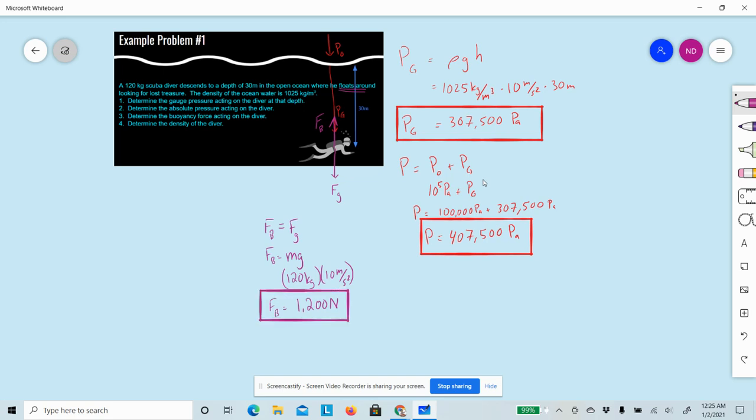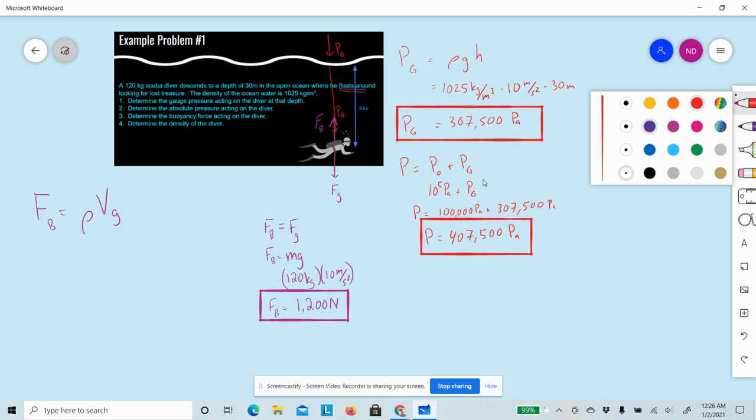And the last part of this question is determine the density of the diver. Here's a little tricky, getting ahead of ourselves a little bit. You need to know how to calculate the buoyancy force. The buoyancy force is rho v g. And we need to clarify this a little bit.